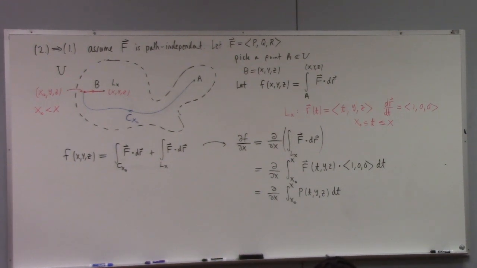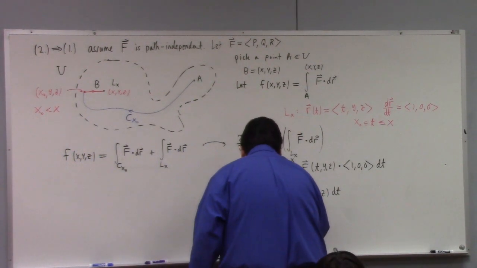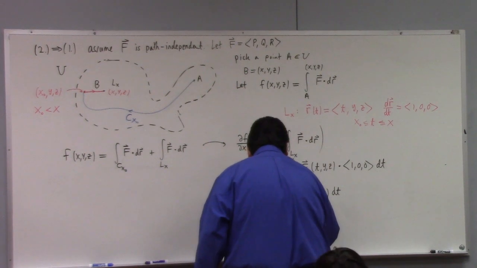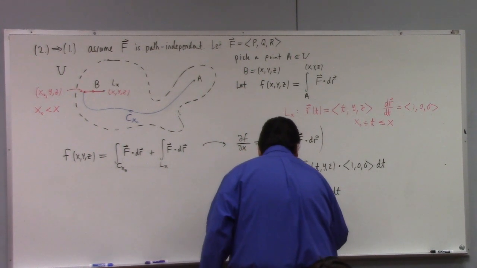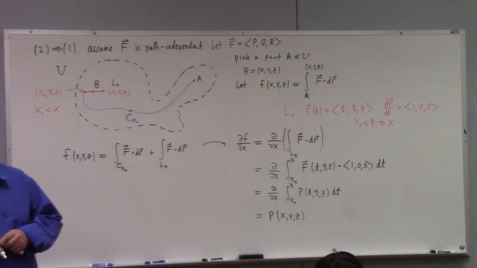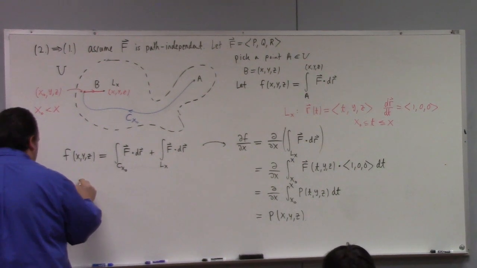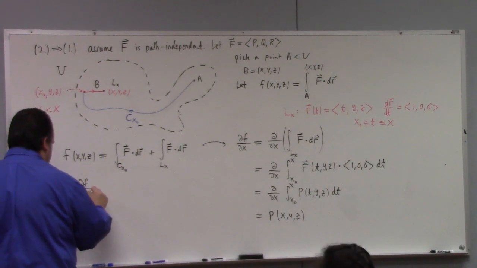Understand that this partial derivative is a total derivative in this context. Just setting y and z fixed, we can apply the fundamental theorem of calculus part 1 from calc 1, and lo and behold, we get p of x, y, z. Aha! Thus, partial f, partial x is equal to p.